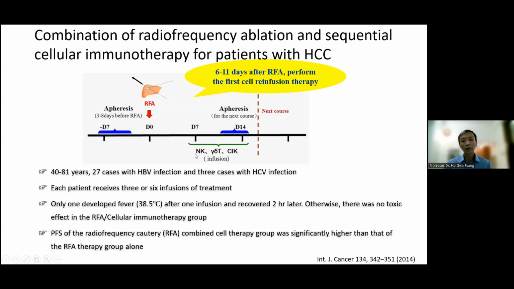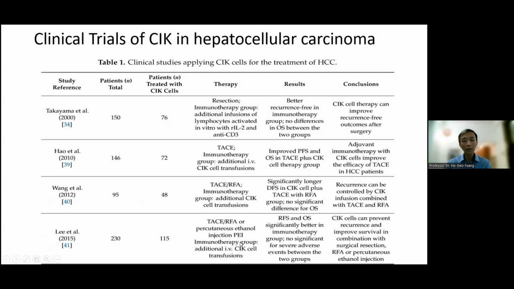You infuse back NK cells, gamma delta T cells, and cytokine-induced killer cells. In this study, RFA combined with the cytokine-induced killer cells had significantly higher PFS than the RFA alone group. So there are quite a few studies already.